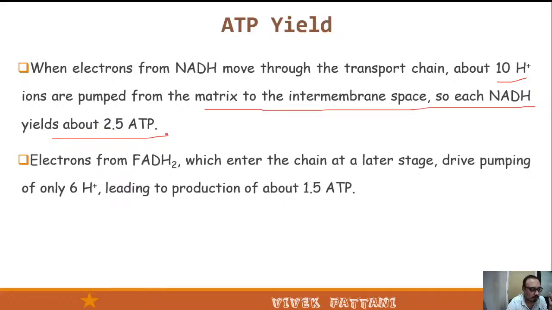In the case of FADH2, the pumping of only 6 hydrogen ions leads to the production of 1.5 ATPs per FADH2 molecule.